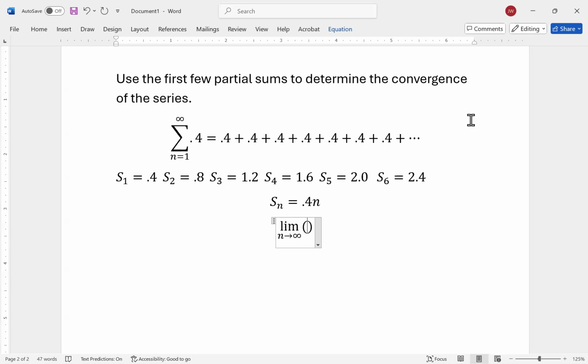As I look at this, that means the limit of the partial sums as n goes to infinity is the same as the limit of 0.4 times n, which is actually going to be infinity, because these partial sums just keep growing, or you could say as n goes to infinity, 0.4 times n is also going to infinity.